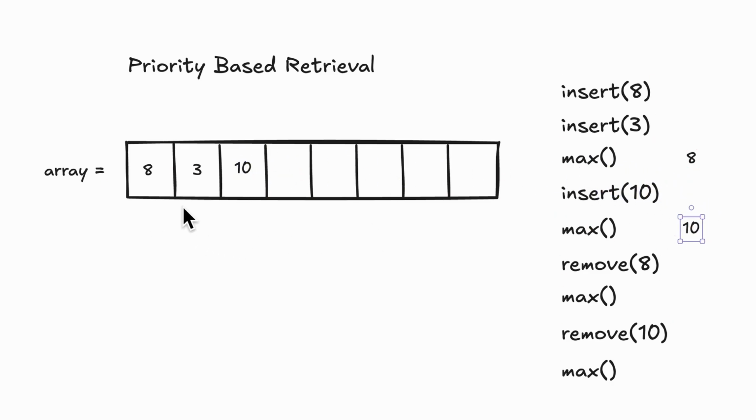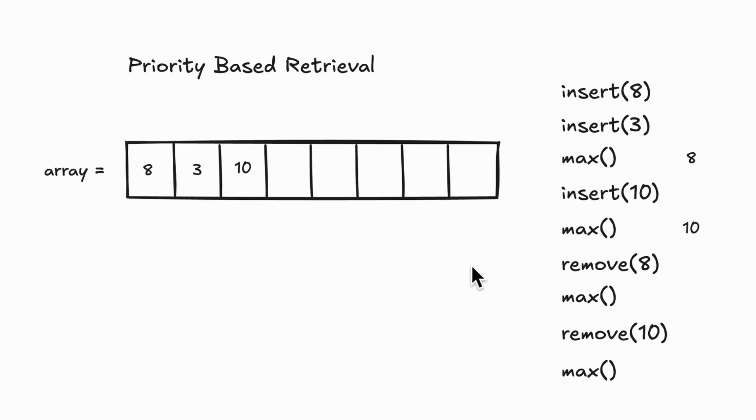Now how exactly are we finding the maximum element? We will basically iterate through all the elements one by one. For example, this pointer will go to this element, then this element, then this element, and so on until the last element. And finally, we will return the output, which is 10.